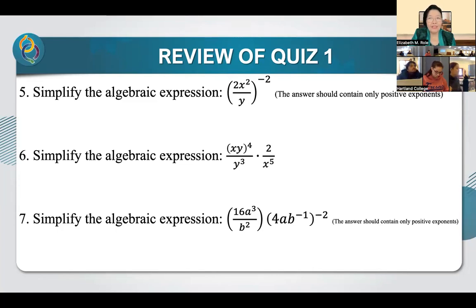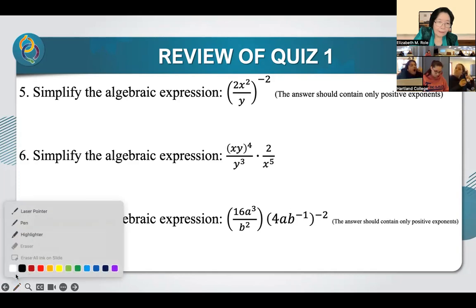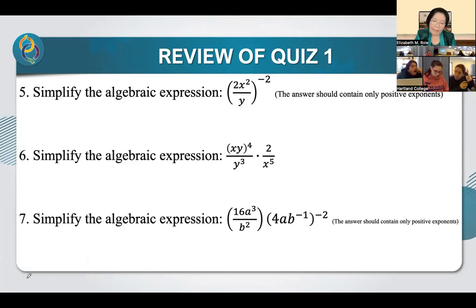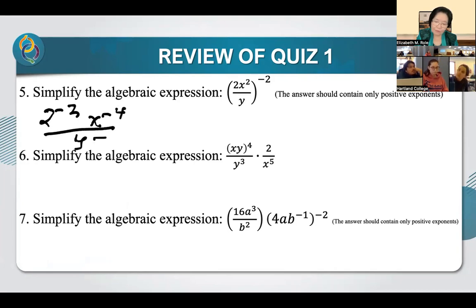My suggestion here, the way that you did it, was you used first the power, and in many cases you had 2 to the negative 2, which is correct, and x to the negative 4 over y to the negative 2.